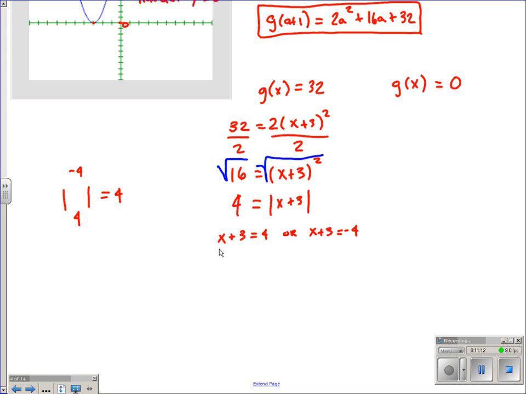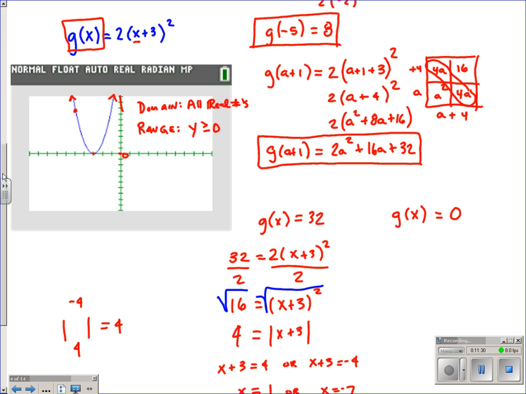Let's solve each of those. Subtract 3 from each side. I'm going to get x equals 1, or x equals negative 7.